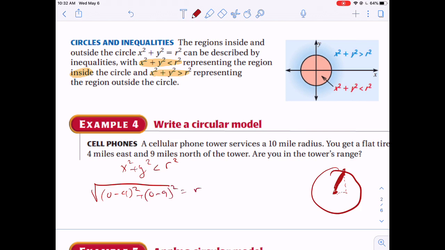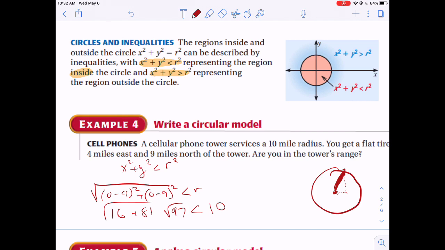That is, sorry, not equals, it is less than r. So 4 squared is 16, 9 squared is 81. This is under a square root, and that turns out to be the square root of 97. Is the square root of 97 less than the 10 of r?